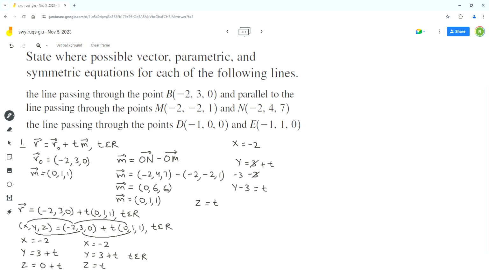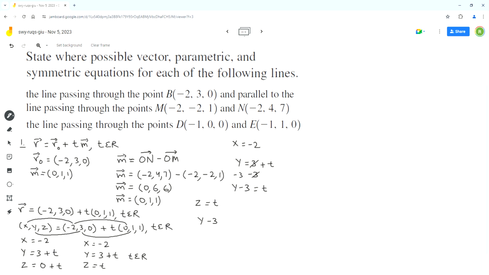Now we can equate the expressions for t from x, y and z equations to write the symmetric equation. Now since the x equation has no t term, we won't be able to write the x part of the equation in symmetric form. So we'll start with the y part.